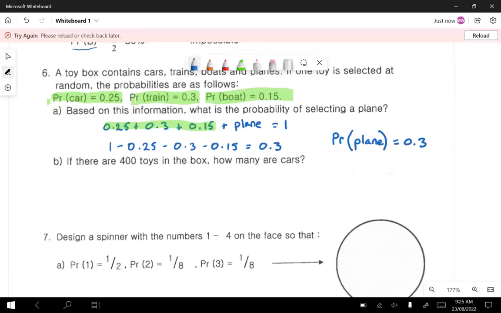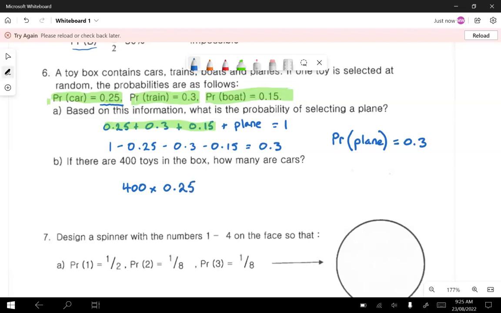All right, if there are 400 toys in the box, how many of them are cars? Go back up here and have a look at the probability of the cars. The way to work this out is that you take the 400 and you multiply it by 0.25.